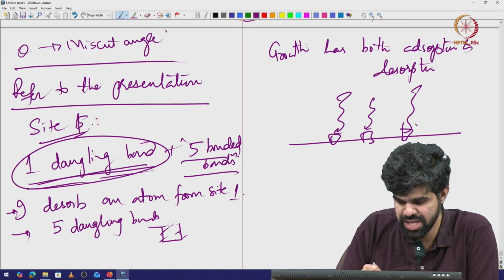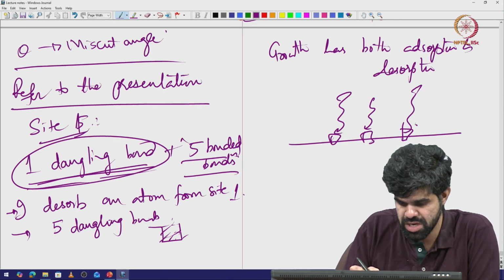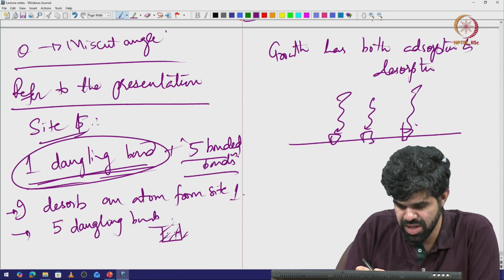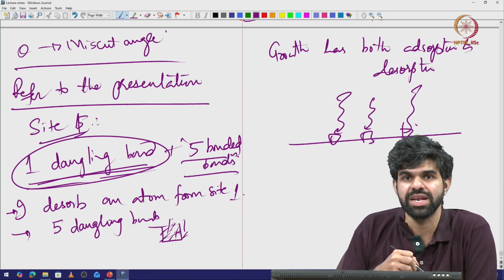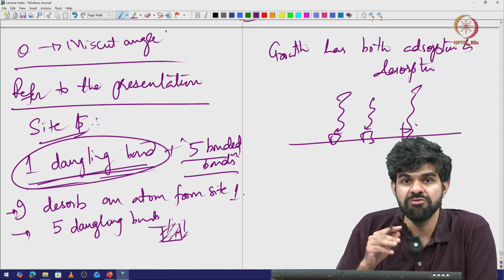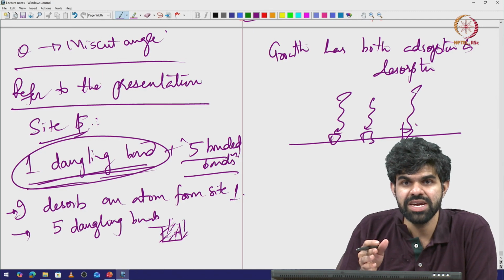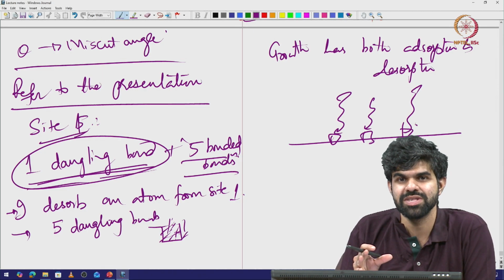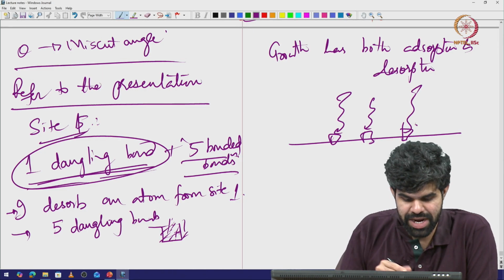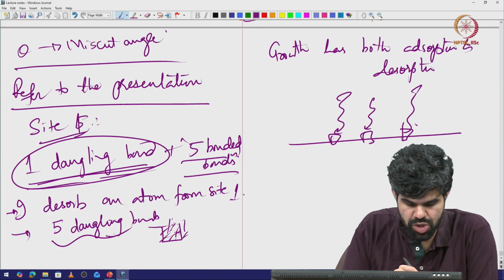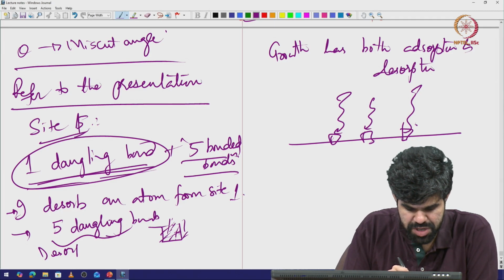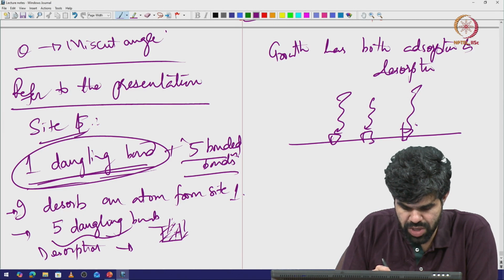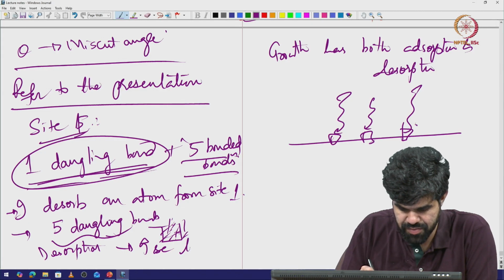So, this is dangling, this is dangling, this is dangling, the other two faces, this is dangling and the one on the other side, so that is also dangling. Okay. So, instead of one dangling bond, now I have created 5 dangling bonds. And the process of desorption is going to increase the surface energy.